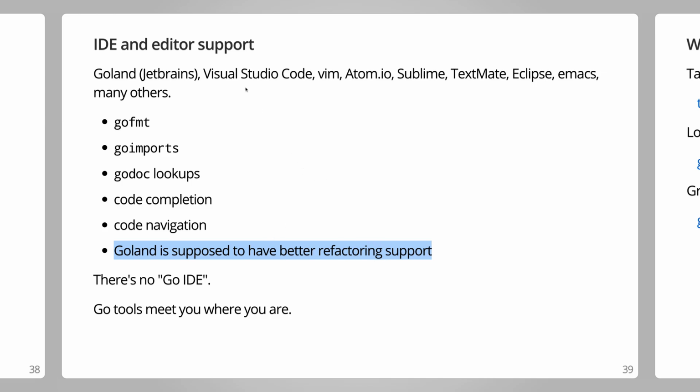So I think Visual Studio Code and the language server that is being developed, which is going to be cross-editor, is going to improve this refactoring support in the coming years. But so far, GoLand seems to be the better one if you need to do a lot of refactoring, although I don't use it on a daily basis.